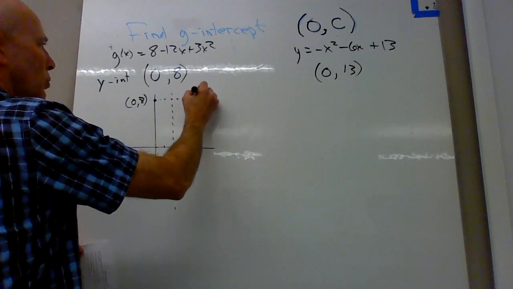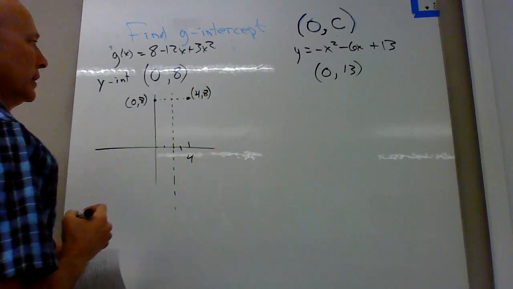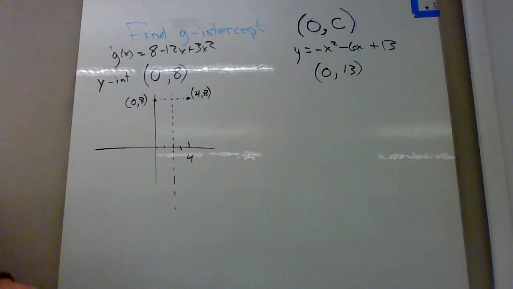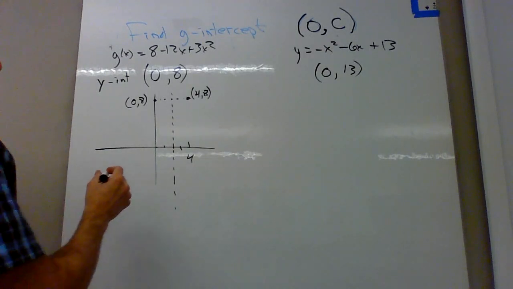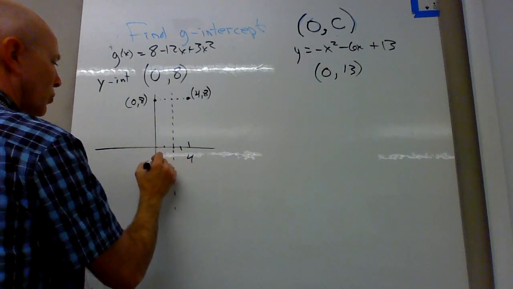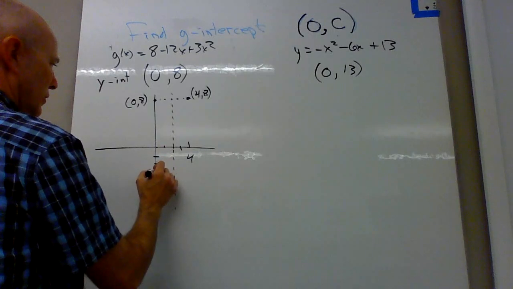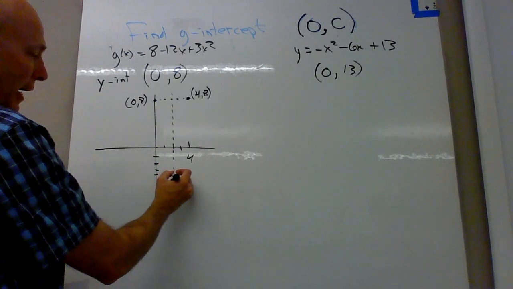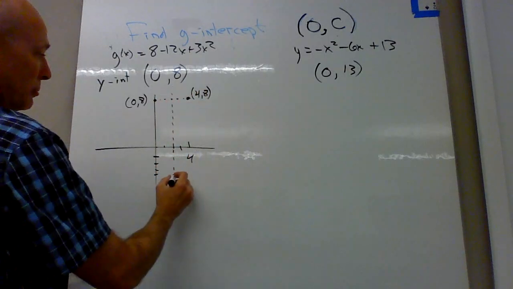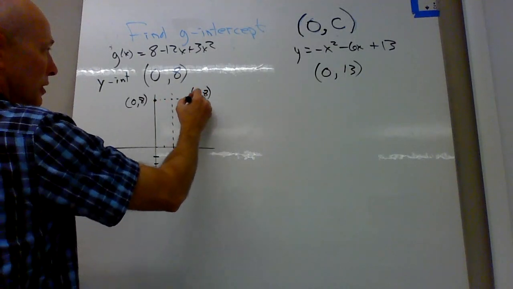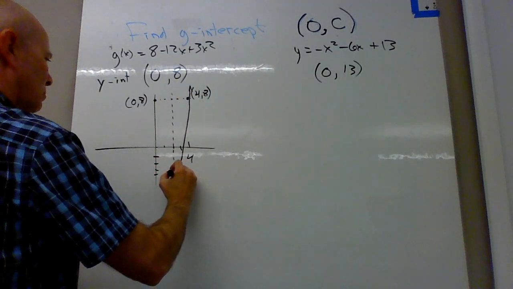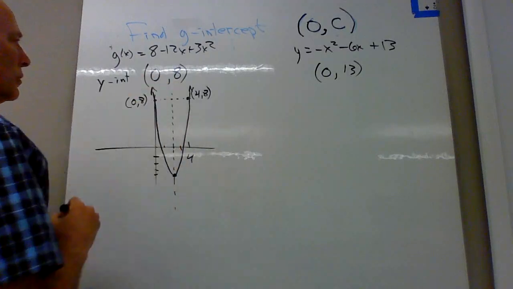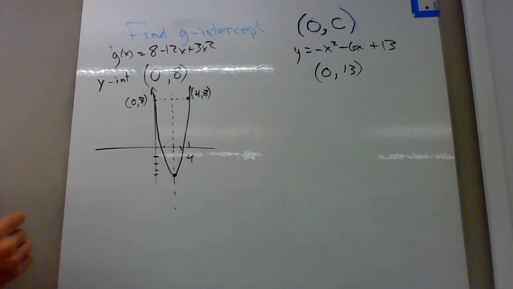And so this point 4, 8 also has to be on the graph. Now, if I throw that together with my 2, negative 4 that I had for the vertex, then I have my vertex, a point on the left, and a point on the right, which should give me the ability to draw a pretty good representation of that parabola.